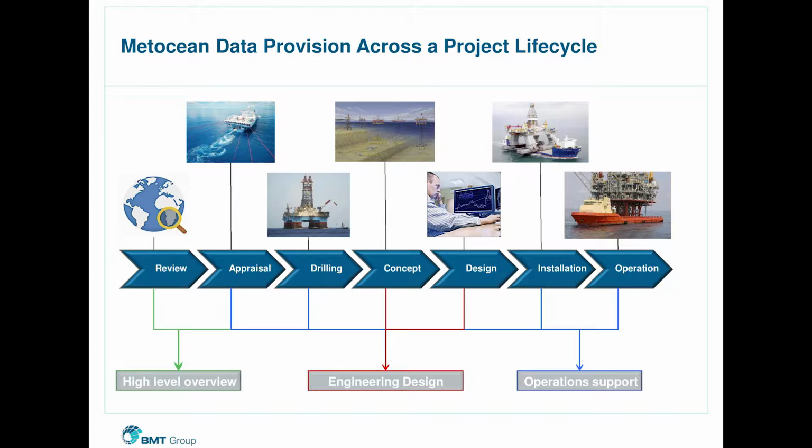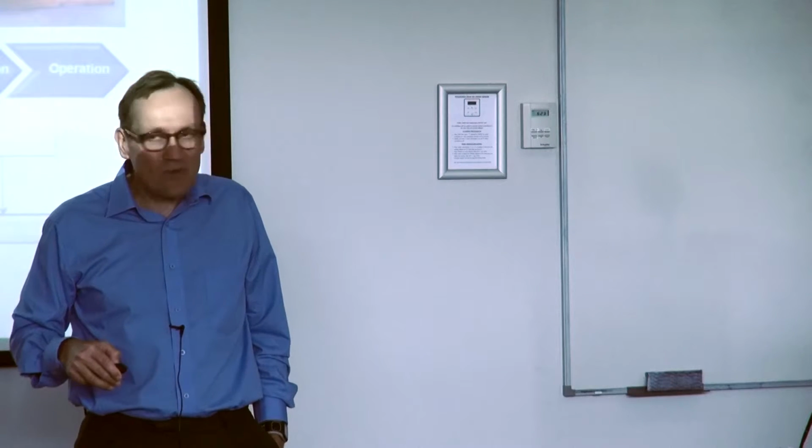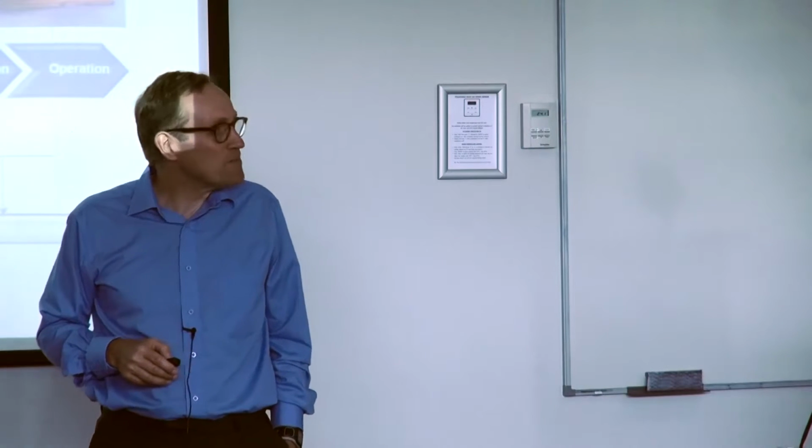And my point with this diagram is that Metocean information is required at every step along this route. In these very early stages, very little money is available, and it's not until full sanction of the scheme development that more significant sums of money become available.